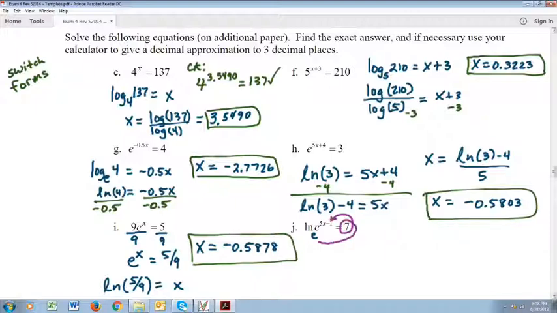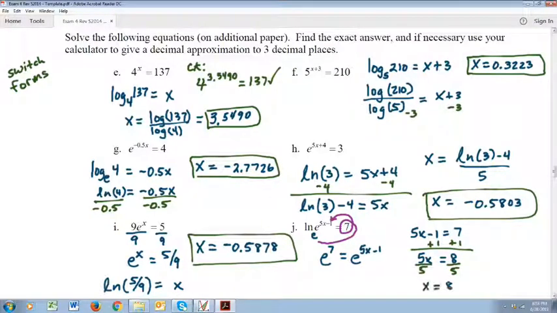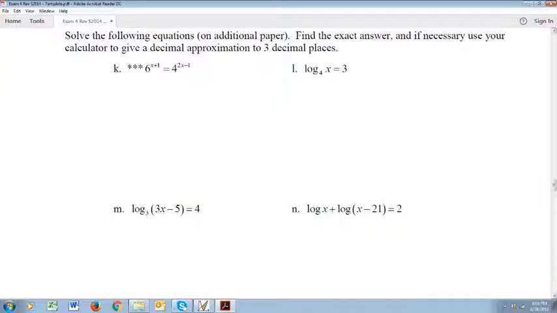So it'll be e to the 7th power equals 5x minus 1. And so you can see that I just need to set my exponents equal. So 5x minus 1 equals 7. We're going to get 5x equals 8, which means x is 8/5. Alright, so let's move on to the next problem.